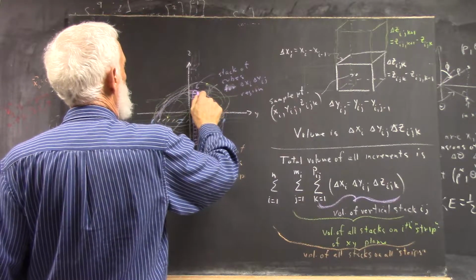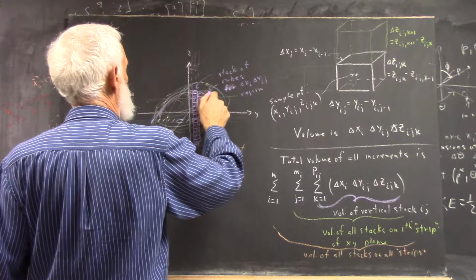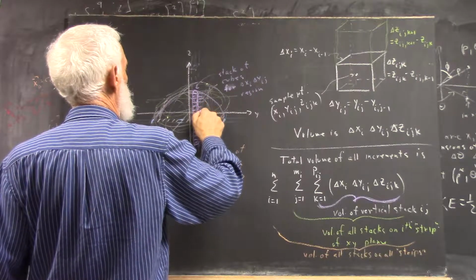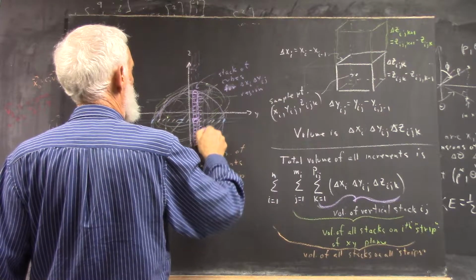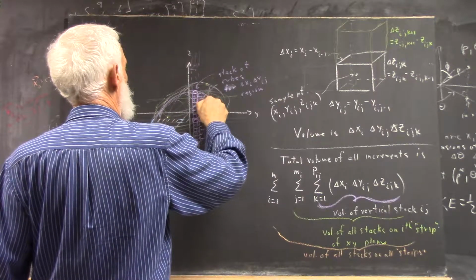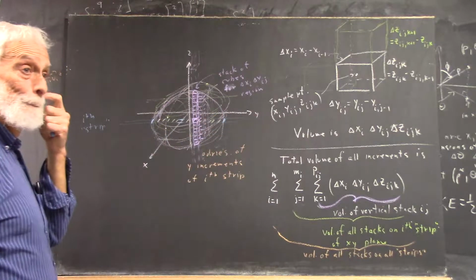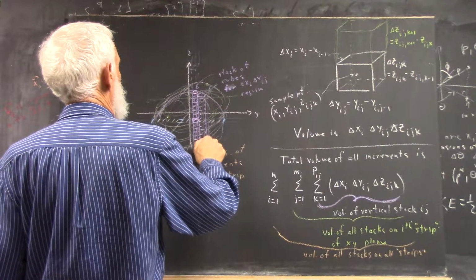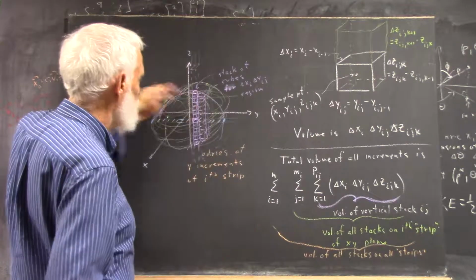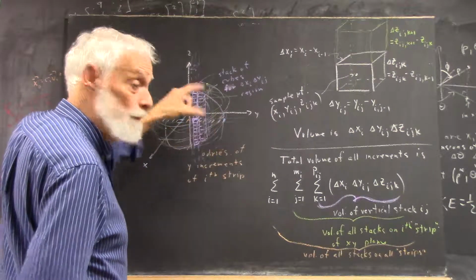So now we'll have another stack here. Not very well drawn, but you get the idea. And of course this stack isn't quite as high as this one because we're moving out toward the edge of our sphere.